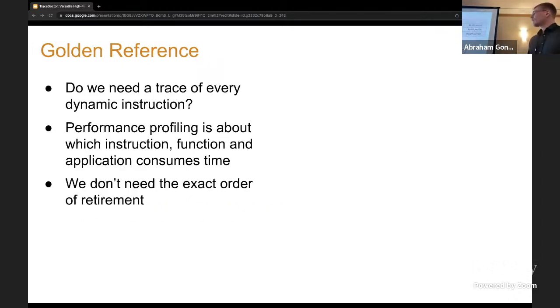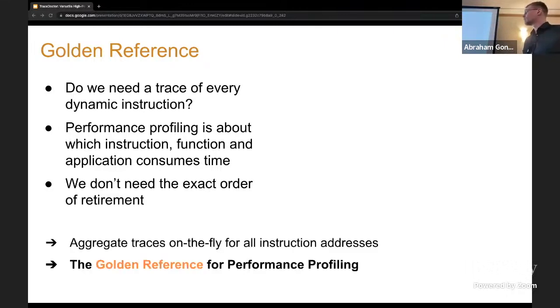So what's the solution? The question is, do we actually need to trace every single dynamic instruction? Performance profiling is about what instruction needs time, what function needs time, which application consumes time. So that means we do not really need the exact order of retirement of the dynamic instructions, like you would have in the trace file after you run TraceDoctor.